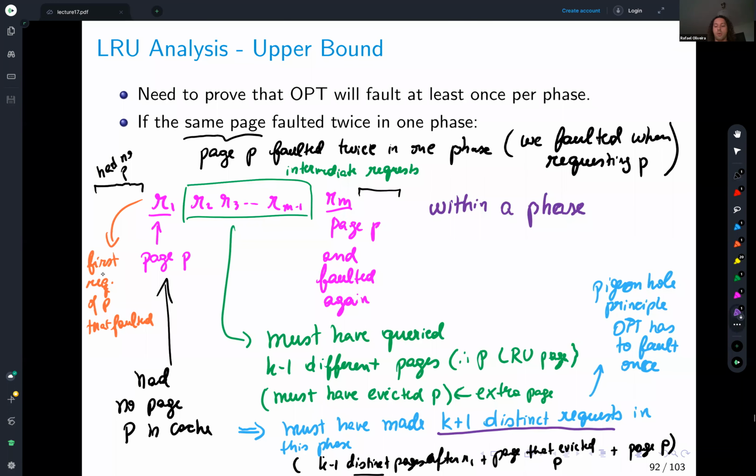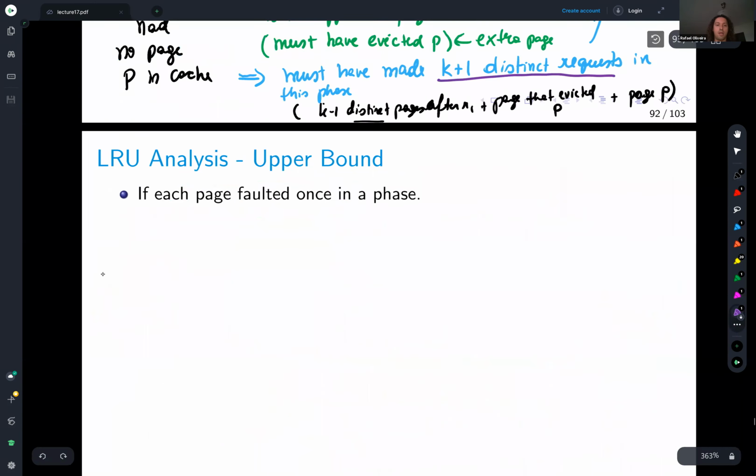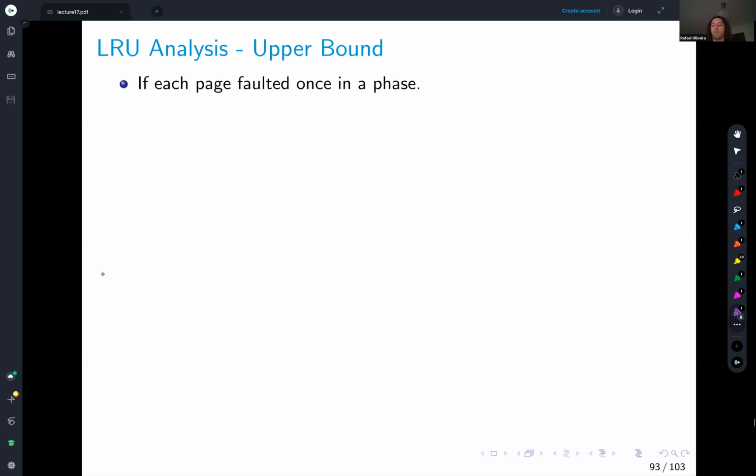So now we proved that in this case, if the same page faulted twice in one phase, then we know that opt must have made a mistake, right? So that's one. But now there's the other case. And what is the other case? That each page faulted at least once, right?